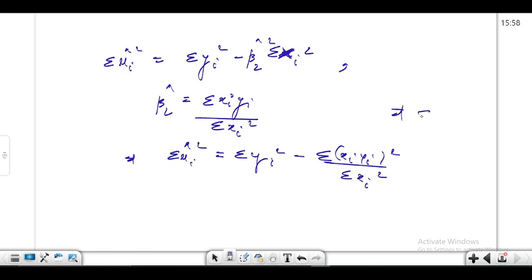So sigma hat square is equal to summation ui hat square upon n minus 2.